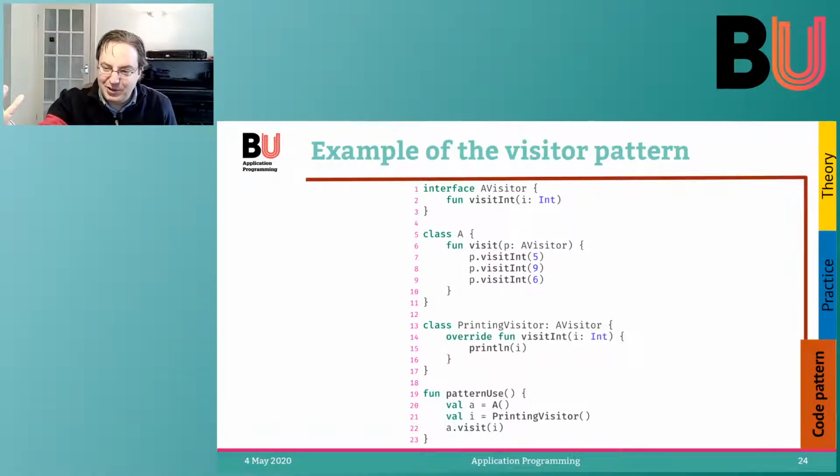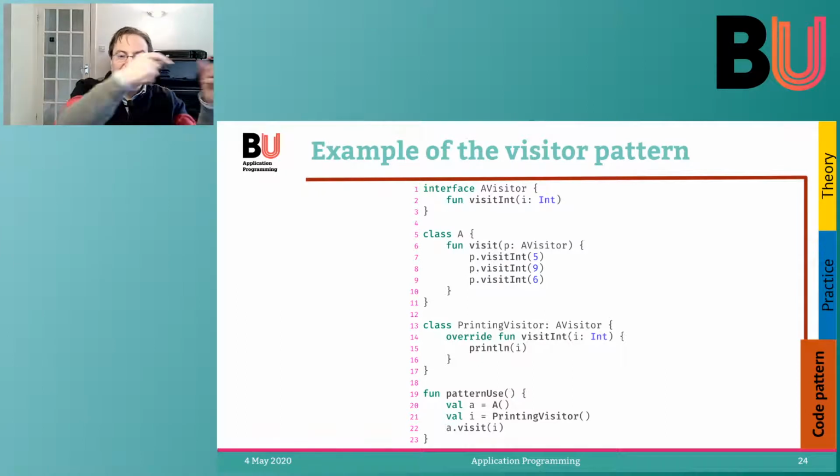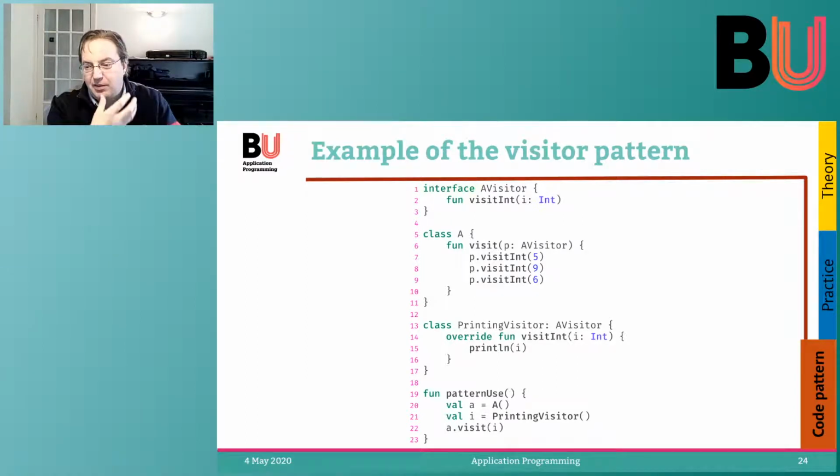I create a visitor depending on what type I am with dynamic dispatch, and then you visit the parameter with the different visitors that you get from the dynamic dispatch, and the visit function then will call the right visit function based upon what it is. That's how you get this double dispatch.